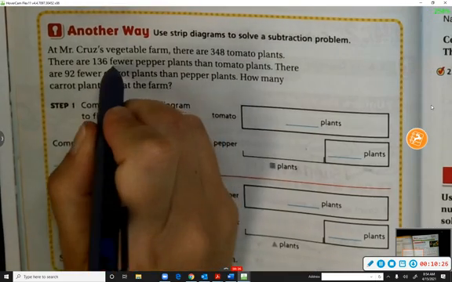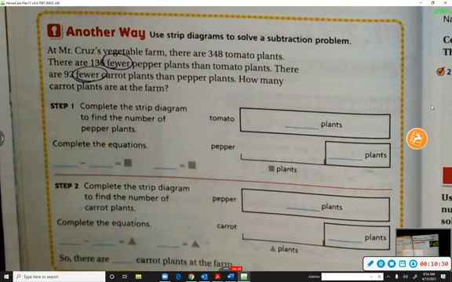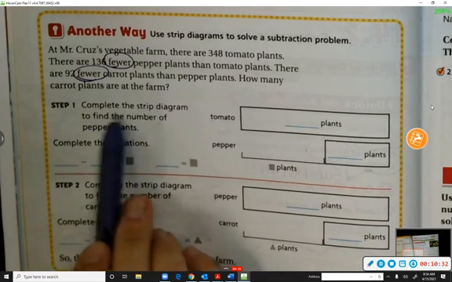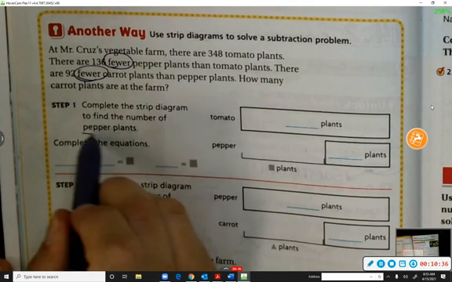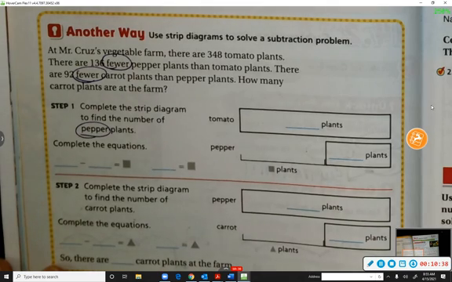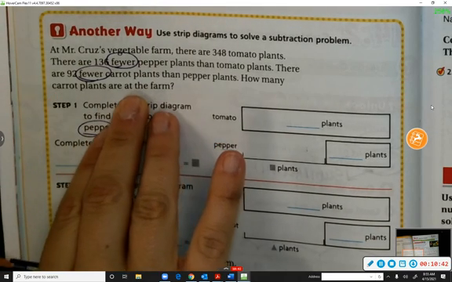Okay, so let's circle those words. We know we need to subtract. Okay, step 1, they want us to complete the strip diagram to find the number of pepper plants. Okay, so we're not even going to look at carrots yet. We're just looking at pepper.